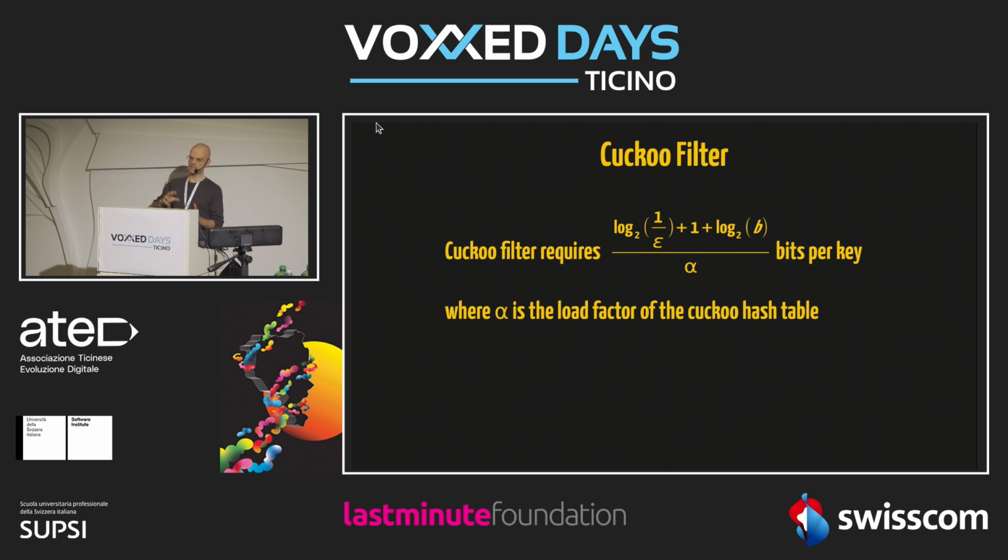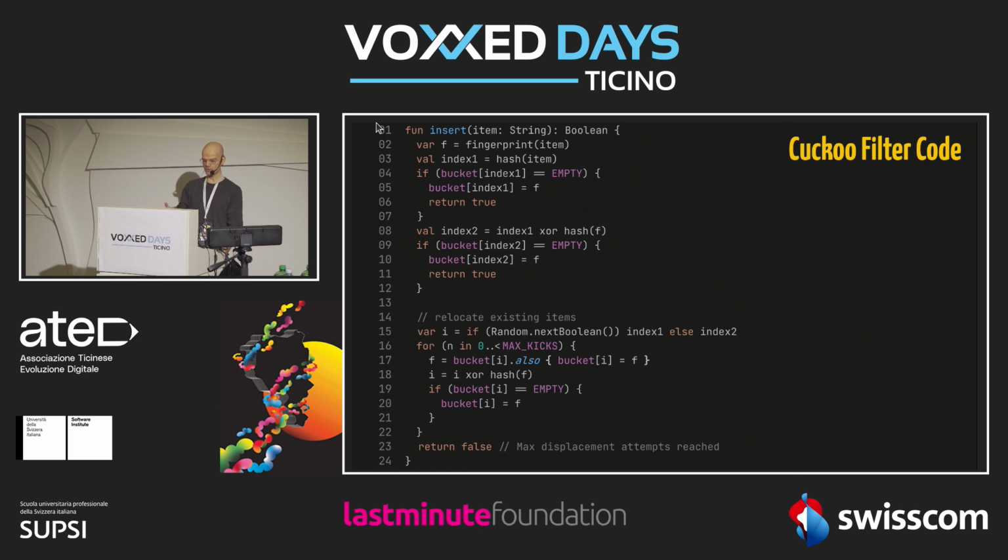So if you need deletion, even if it's more complex, this is definitely something that you should check out. Here you can see the code for the insert. I didn't put all the other things because it's more complex, as I said before.